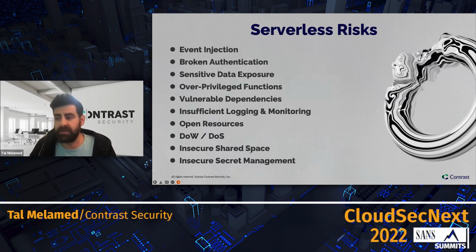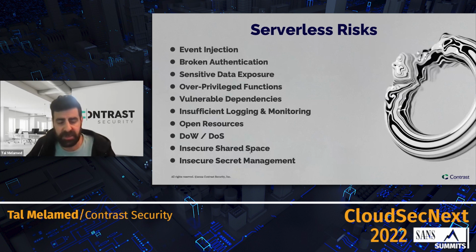Broken authentication mainly talks about the fact that functions, or let's call them the Lambda function in this case, are ephemeral and stateless. That means that it's not so easy to maintain trust or security or authentication in some cases. You have to make sure your code can protect itself also from unauthenticated behavior.